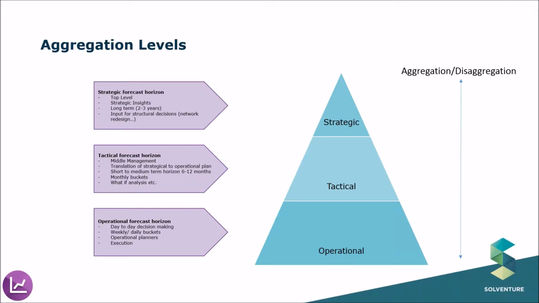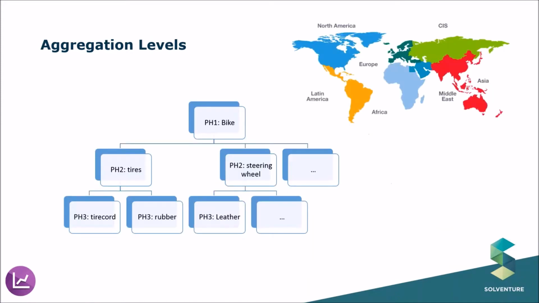The bulk of the work we have done is on the tactical horizon. So also the examples you will see come from here. The techniques that we deploy can also be applied on a strategic level or on a more short-term level. And coming back to the previous slide, over here we typically try to run analysis on different levels of detail. So you could say, well, I have my product hierarchy 2, and we'll run this combination with the region.